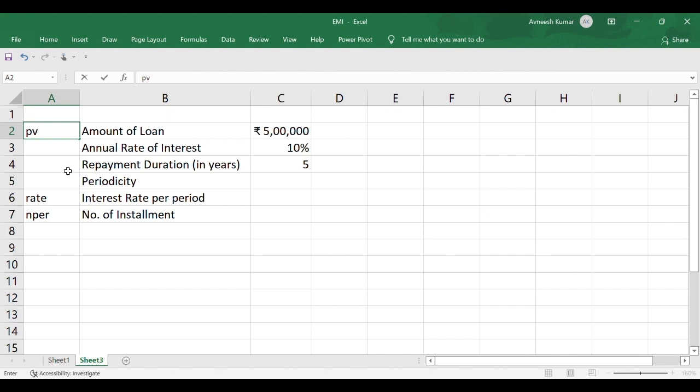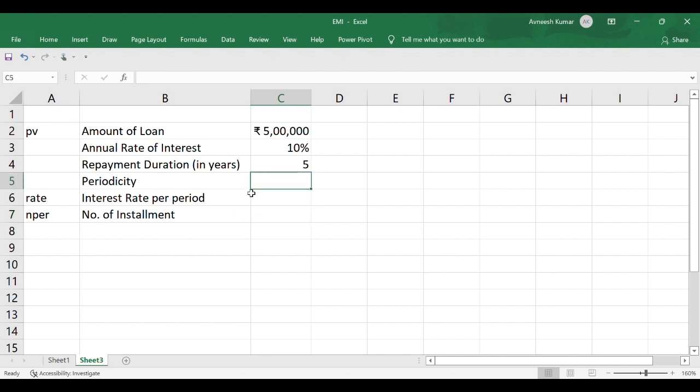These are mandatory or required arguments for the calculation of installment amount. The future value will enter that as 0 because we want all the loan to be repaid back, no balance left. So after the payment of last installment, that we would enter FV as 0. So the required arguments are there, PV, rate, and infer.